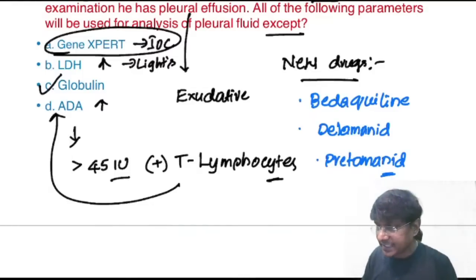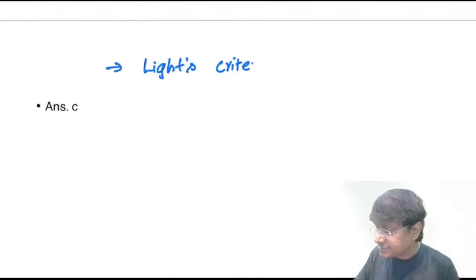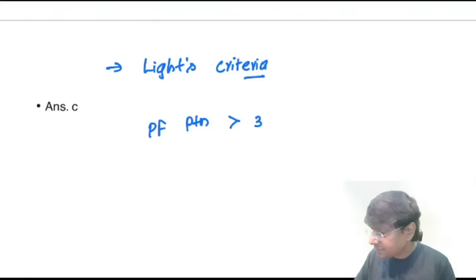Now, some of you were asking, I think the Cortex user, about Light's criteria. So what is Light's criteria? The pleural fluid protein should be more than 3 grams per deciliter.